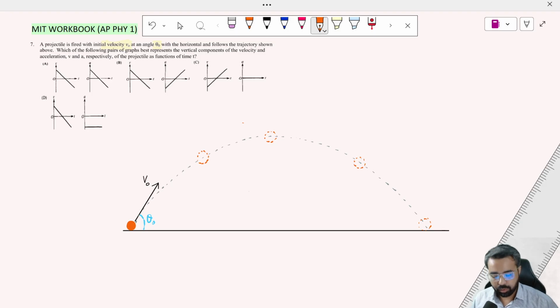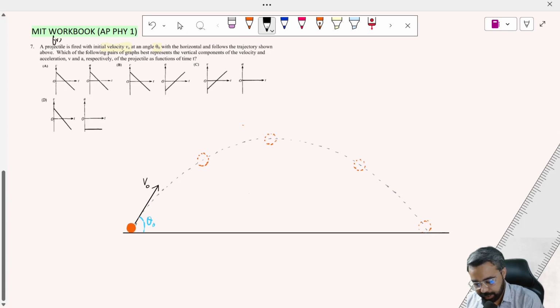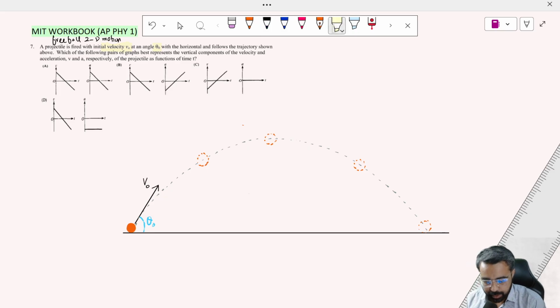So why is it moving like this? First of all, remember that this is a projectile motion which is free fall two-dimensional motion. And when I say free fall motion, it means that the only force exerted on the object is the force of gravity.